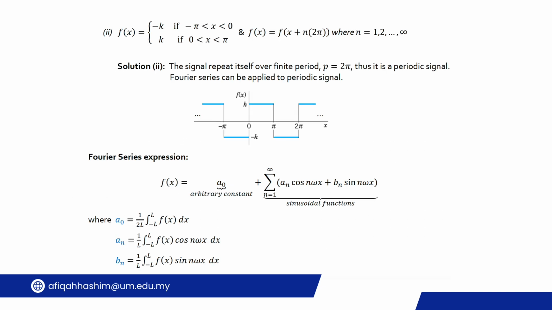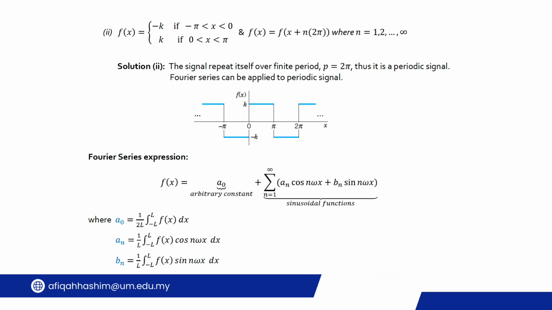But then here, the same thing, but it states that f(x) equals f(x + n2 pi), where n is equal to 1, 2 until infinity. So we know that this signal repeats itself over a finite period, and from the graph also, the period P is equal to 2 pi. So this is a periodic signal, and Fourier series can be applied.